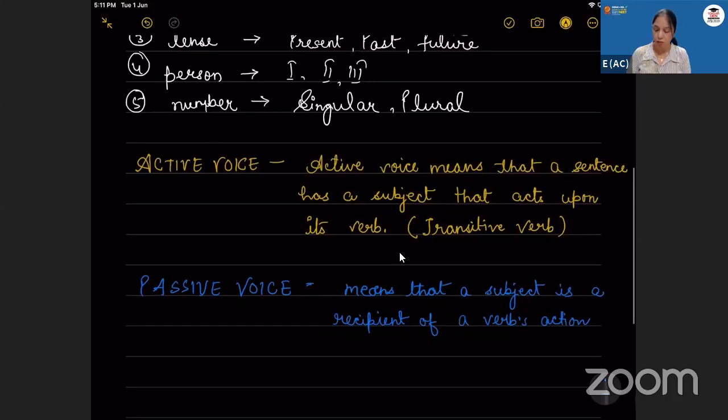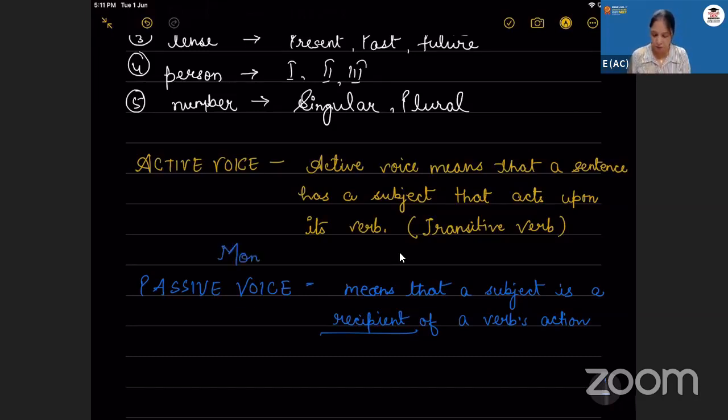Ma'am, what is recipient? Recipient बेटा receive करता है action को. A subject is a recipient of a verb's action, because in passive voice the subject becomes object and object becomes subject. Here, as you see, just see one thing.